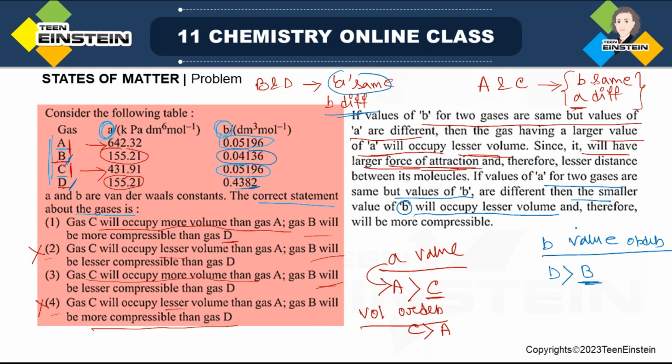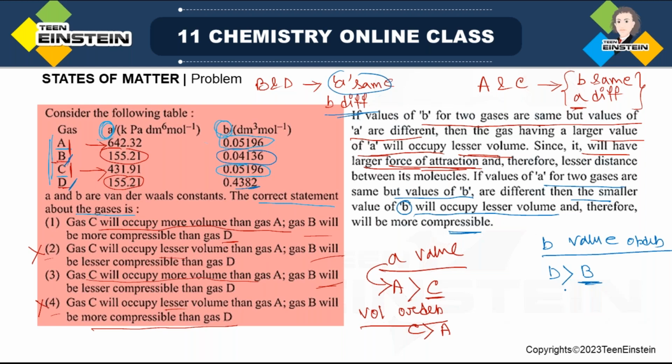Now lesser volume means it is more compressible. What does compressible mean? Suppose it has a particular volume and you are compressing it; the volume will shrink. When is that easier? When the volume is already less, the process of compressing takes place very easily.